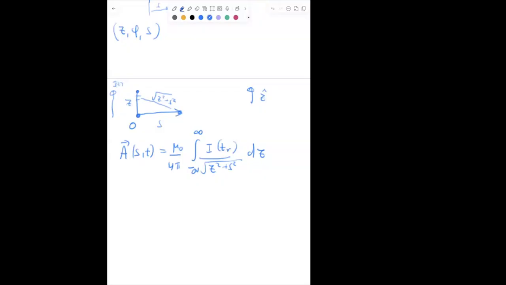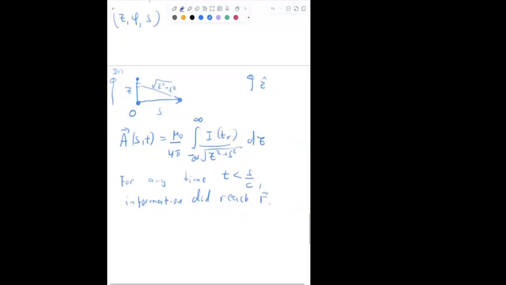So for any time t less than S divided by C, I'll soon explain it, but I think it's also obvious, information did not reach R. What is R? This is the place where we put our observer. Simply said, let's say this is my S, some distance from the wire.